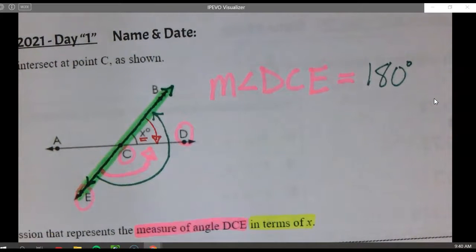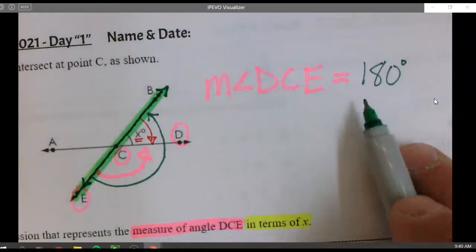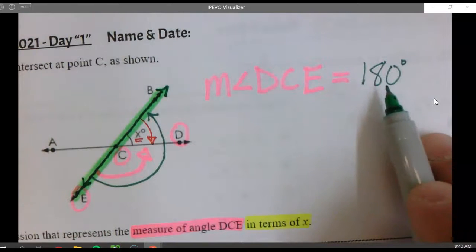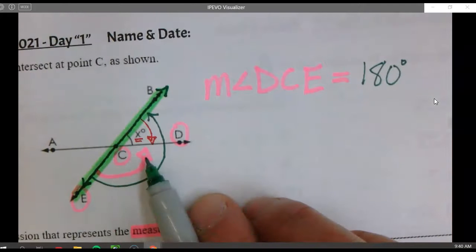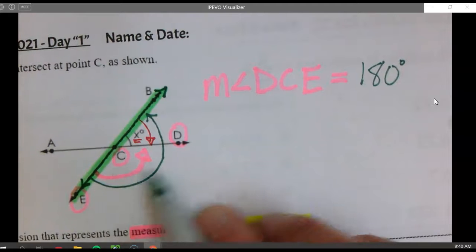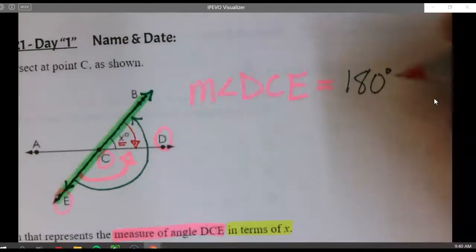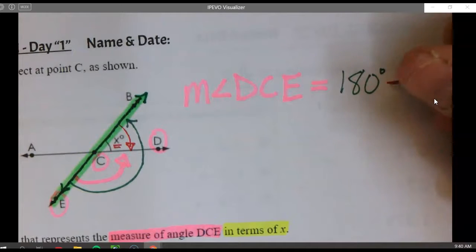Now, I'm not done. I'm just starting, right? So go ahead and write this down. So we're part of 180 degrees, but is DCE going to be more or less? Less. So I'm going to have to take away. Miriam, you want to keep going?